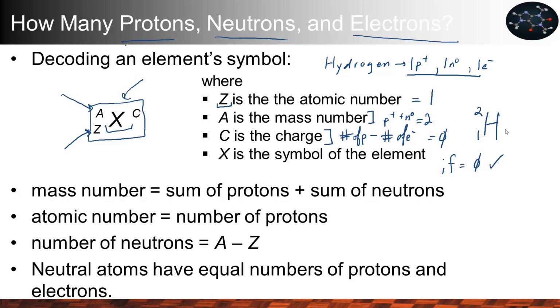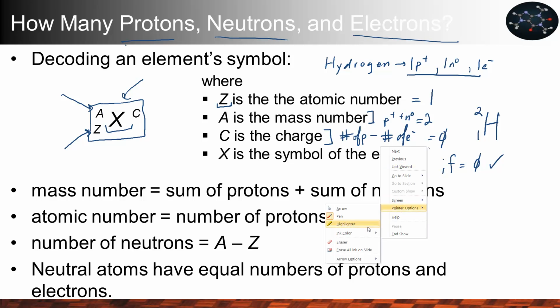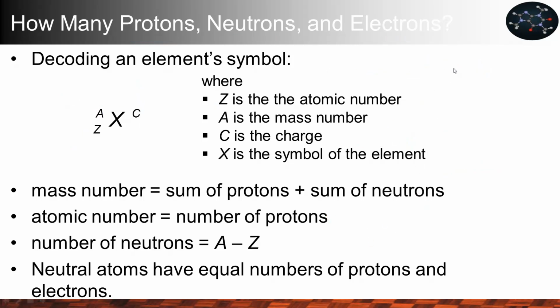Alright, so let's look at a second example, because these examples are good. We're going to need to be able to do this sort of thing. Let's call it carbon, and we'll say it has to have 6 protons because it's carbon and all of them have 6 protons.